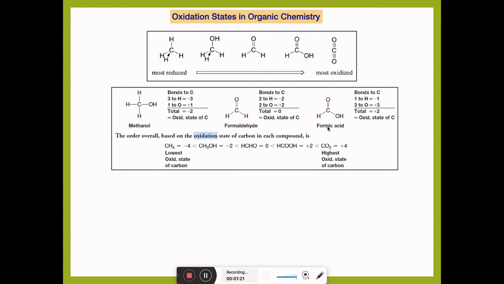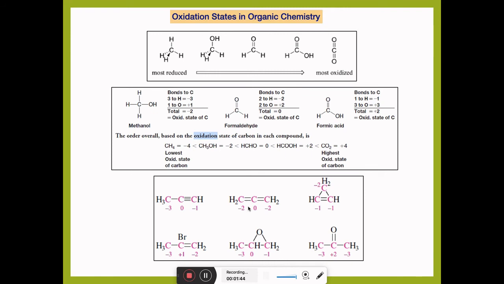So the oxidation state of carbon in formic acid is plus 2. If we go from left to right in this chain, CH4 has minus 4, the lowest oxidation state, and it increases to CO2, the highest oxidation state of carbon, which is plus 4.